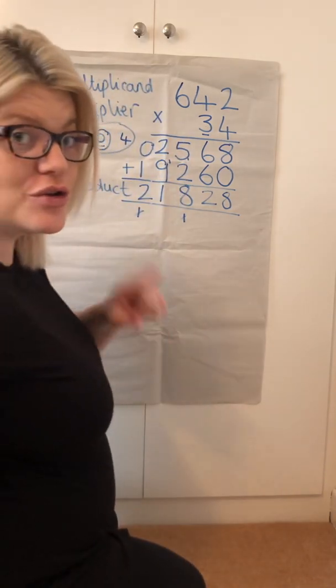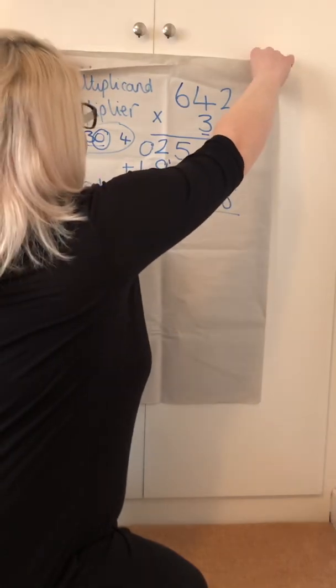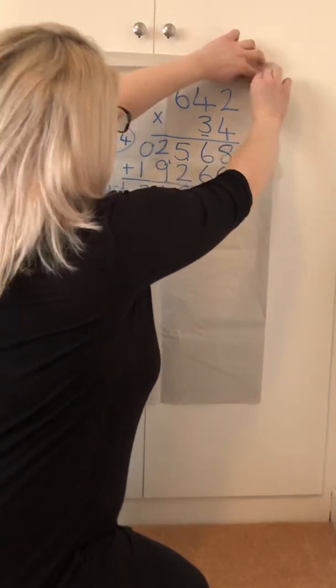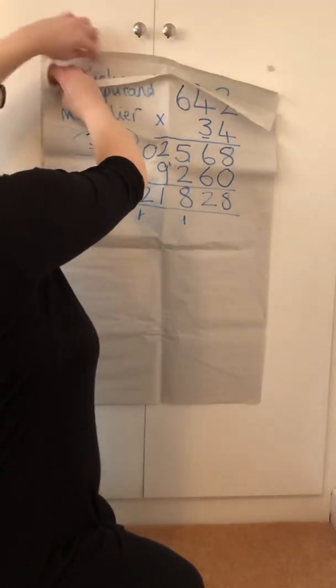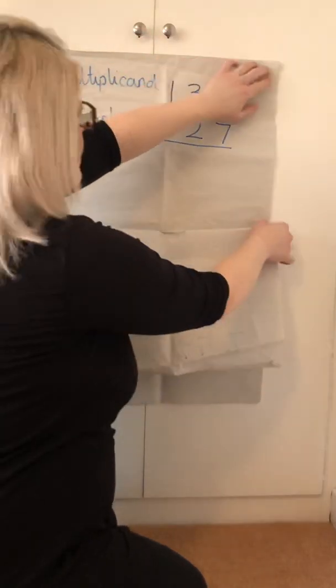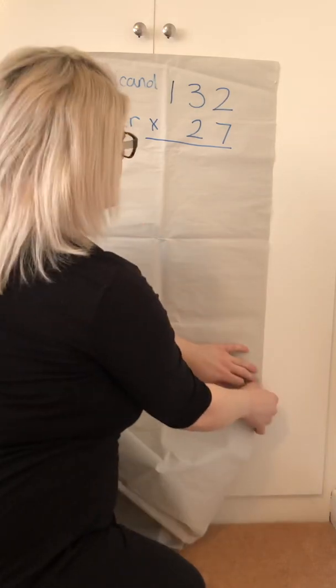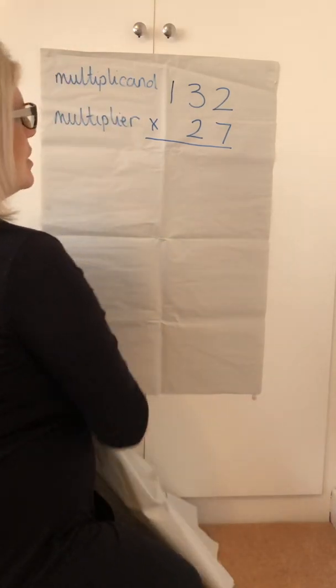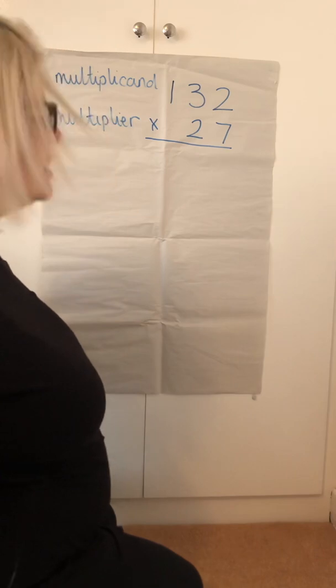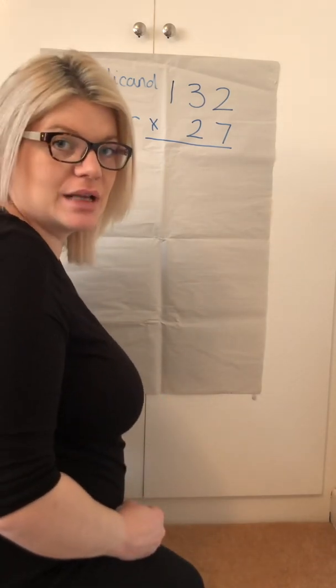Okay, so hopefully you did that one okay with me. Let's have a look at another one together. Okay. So I have another 3-digit number times a 2-digit number. This time I have 132 times 27. So let's work on this one together.